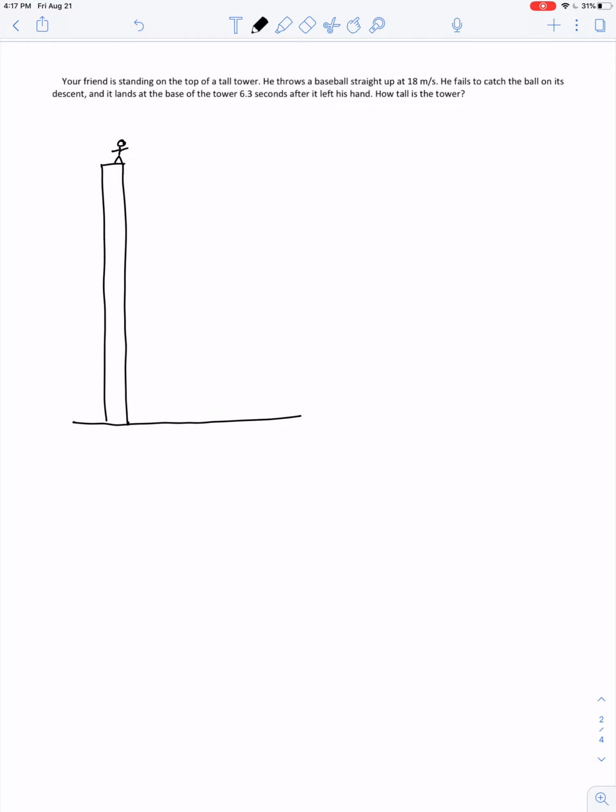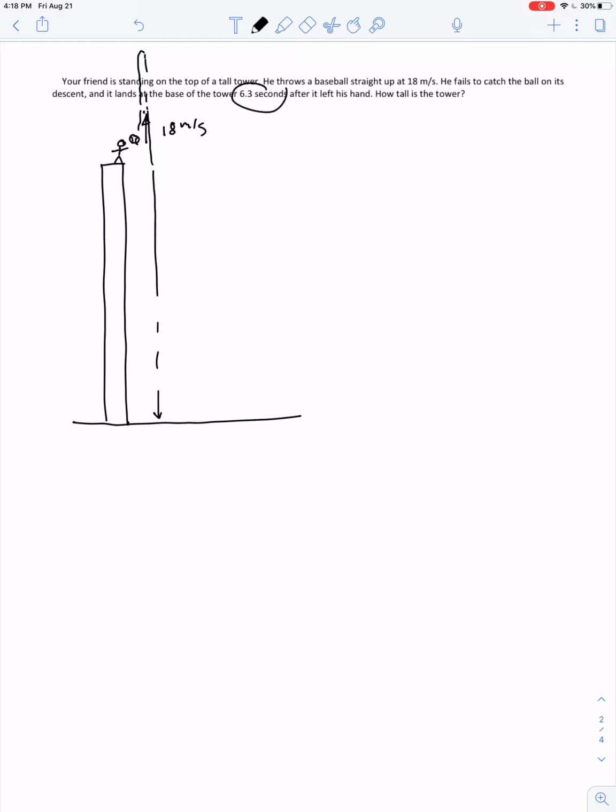There's your friend, and he throws a baseball straight upward into the air. The velocity he throws it with is 18 meters per second. It rises, and when it turns around and comes back down, it misses his hand and continues and falls all the way to the ground below.